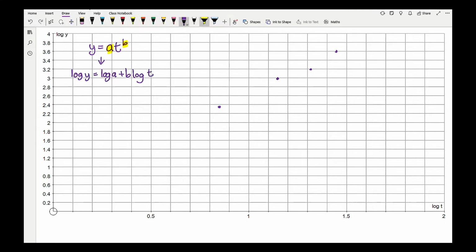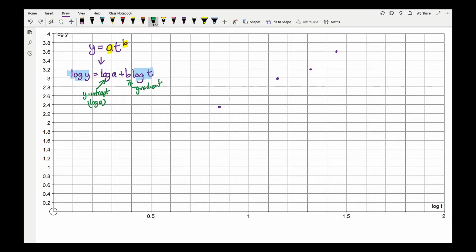In terms of these values, log y is my y ordinates, and log t are my x ordinates. So all I need to do is find out what log a is, which is the y-intercept. So here I've got my y-intercept, which is log a, and I've got my b value, which is my gradient.